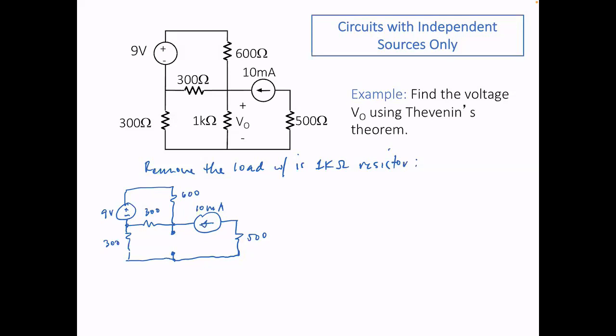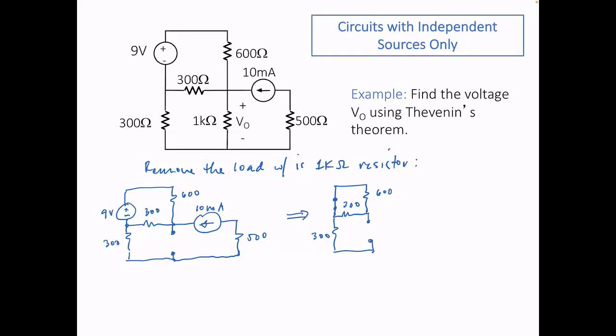So when I do that, magiging short circuit yung voltage source. Then you have your 600, you have your 300, you have your 300. What will happen to the current source? The current source will be an open circuit. So kung open circuit siya, wala na siya.